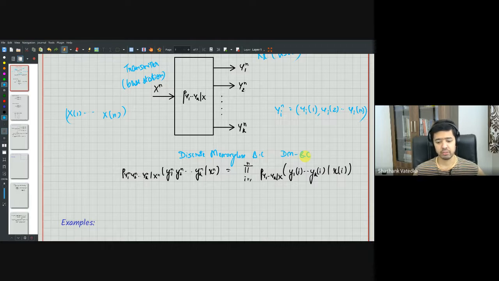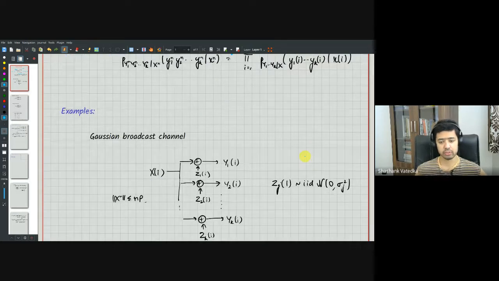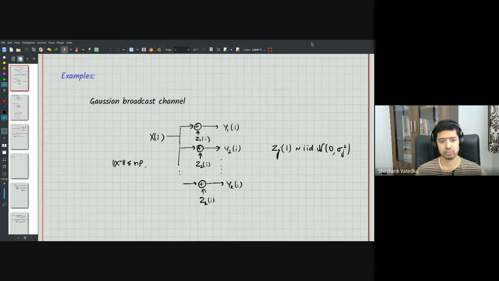Let's see some examples before we see the formal problem of communication over discrete memoryless broadcast channels. The following is not with a discrete alphabet but a continuous alphabet, but probably the most common example you will see in a digital communications or wireless communication course. This is the Gaussian broadcast channel, wherein each symbol is corrupted by independent Gaussian noise for each user.